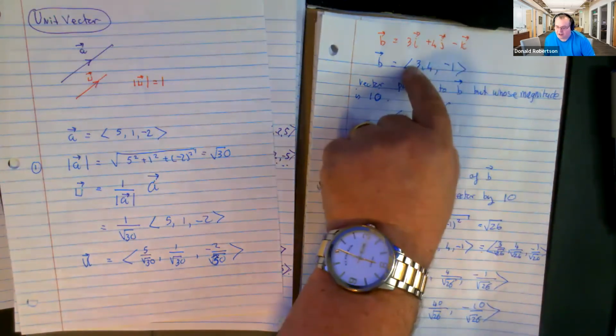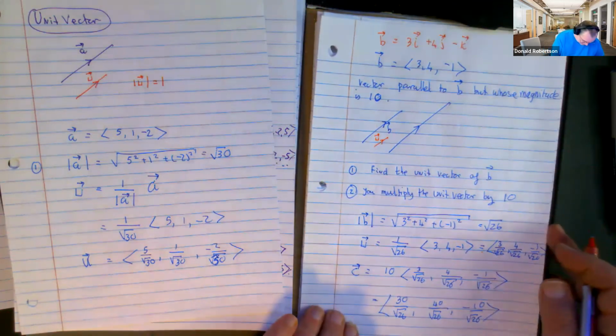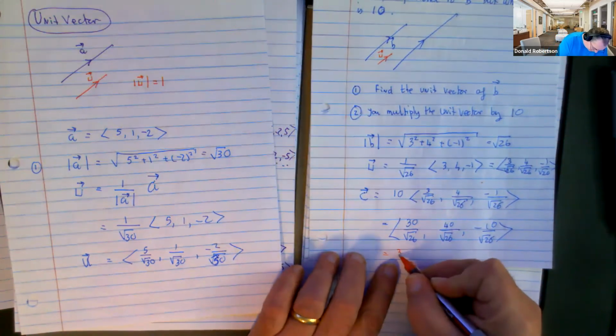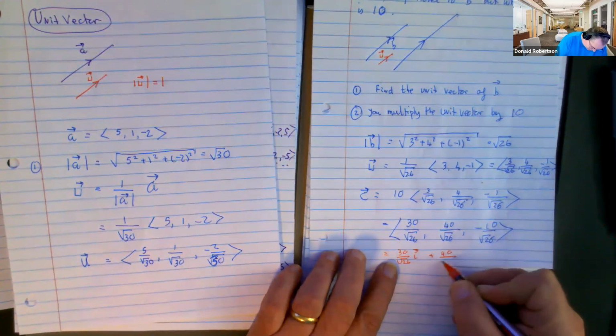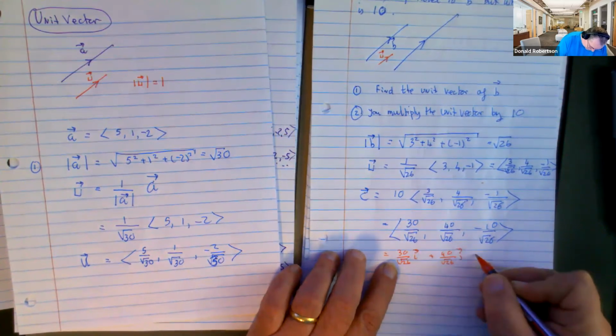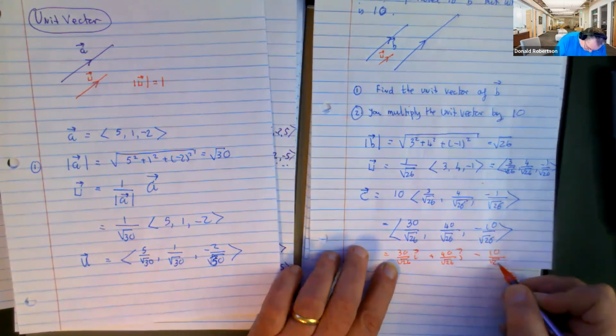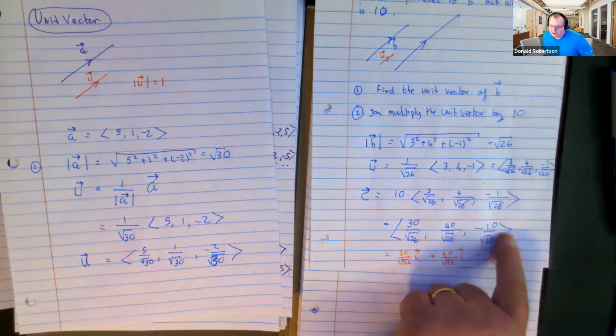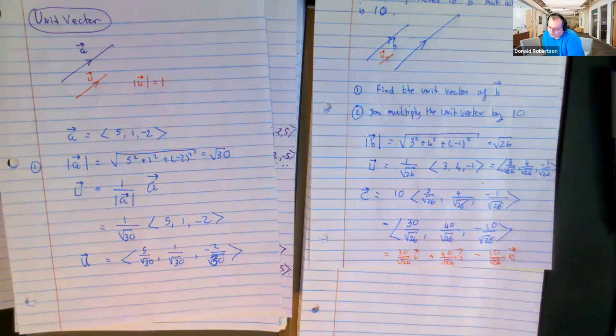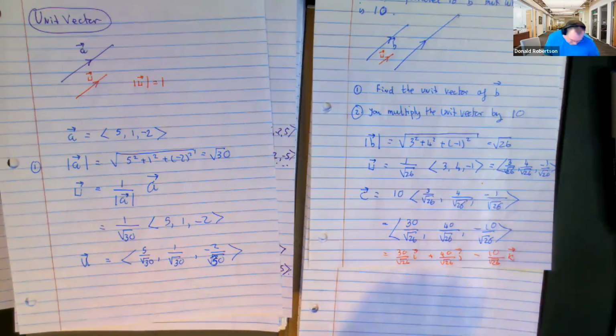Or you turn it into this form, you get the answer, and then can't you just rewrite the answer as that many i's plus that many j's, take away that many k's. Or if WebAssign is being really nice to you, won't it accept that answer and you won't need to do the conversion at all? I have no idea. My gut feeling is that WebAssign is going to be awkward, in which case, if it gives you ijk's, it wants them. But that's just a gut feeling. I could easily be wrong.